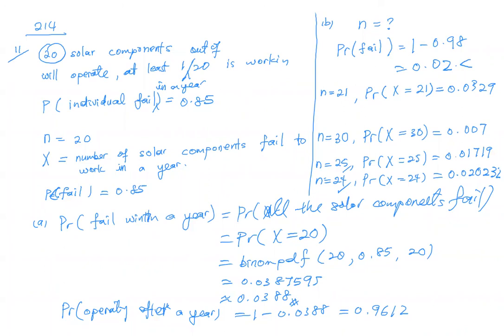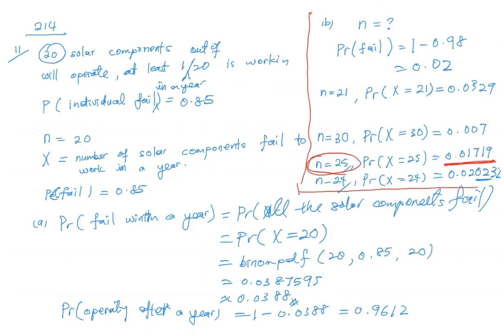So this is more than 0.02. Are you clear? So therefore, from here, you make a conclusion. This is the smallest. This is the smallest number because the probability must be less than 0.02. You get me?